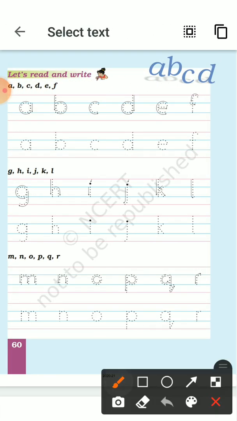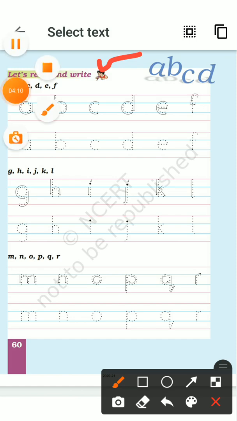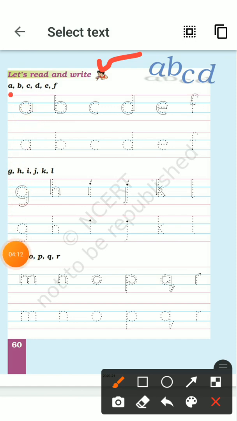Next question we have. Let's read and write. Okay, let's read it first. A, B, C, D, E, F, Z, H, I, J, K, L, M, N, O, P, Q, R. These are the letters given, and what do we have to do here?